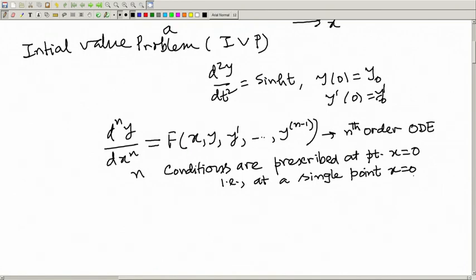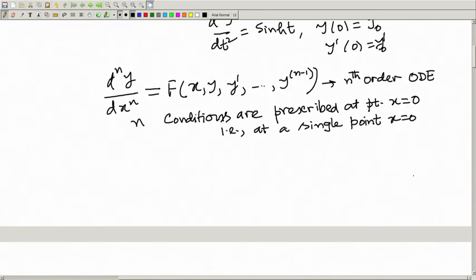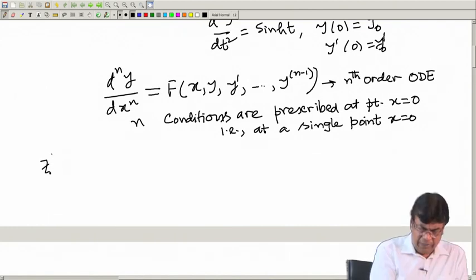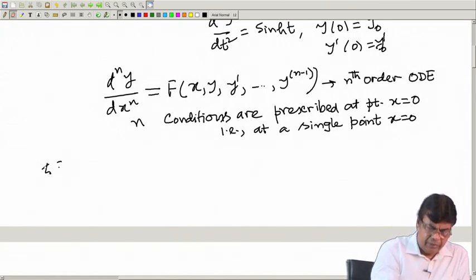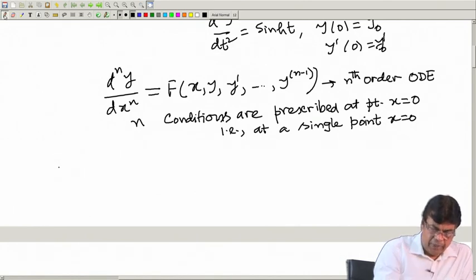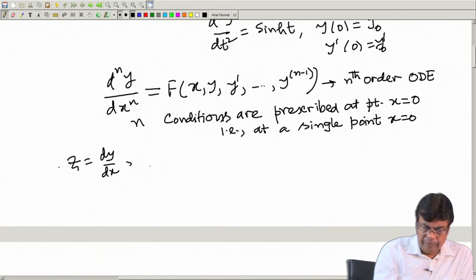Now, the advantage is that if I do this simple manipulation, suppose I define z equal to dy/dx. Instead of this way, because we will be exhausted of the alphabet, let us call it y1.